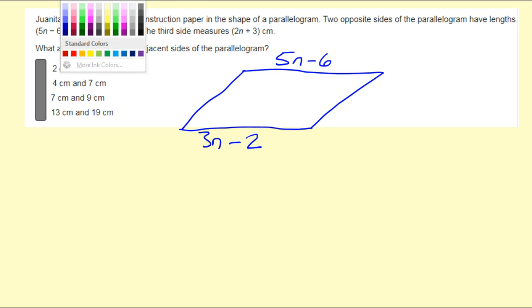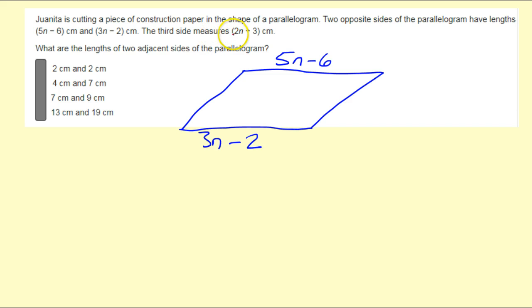A third side has measure 2n plus 3 centimeters. All right, what are the lengths of the two adjacent sides of the parallelogram?